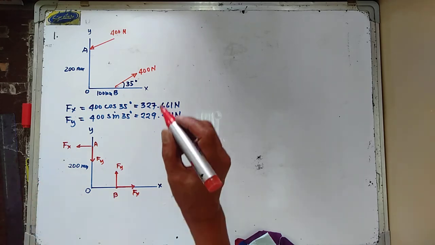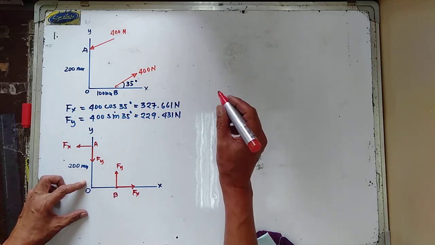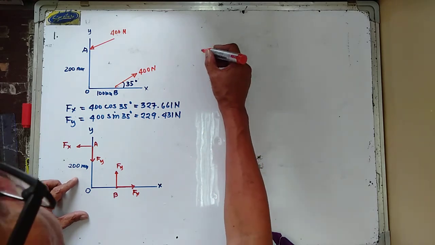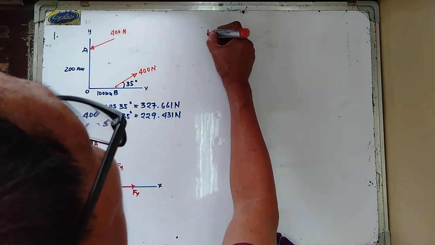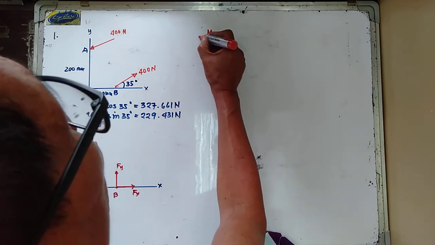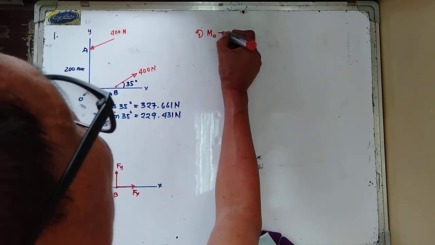Now, let's try to get the moment of the couple about point O. So we now have the moment of the couple about point O, considering counterclockwise moment positive.